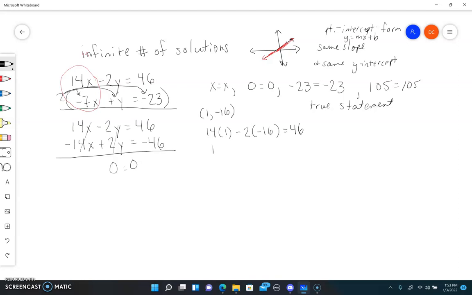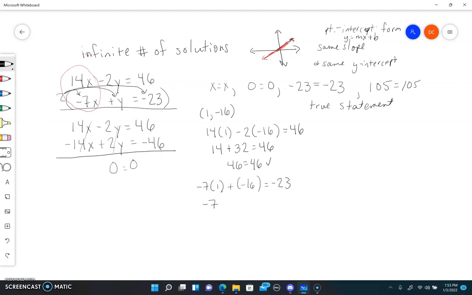So 14 plus 32 equals 46. And yes, right? 14 plus 32 is 46 equals 46. So that point works in that first equation, and it's also going to work in my second equation.